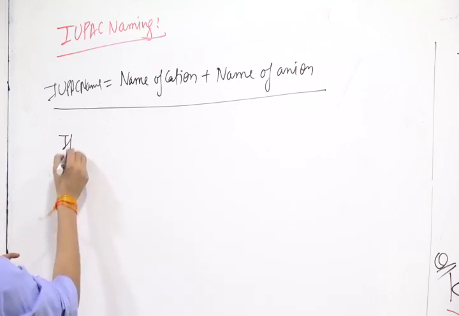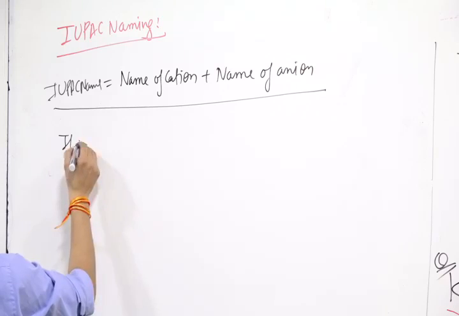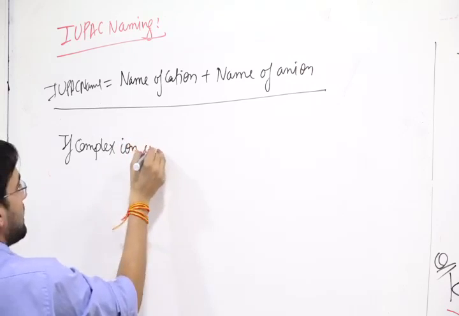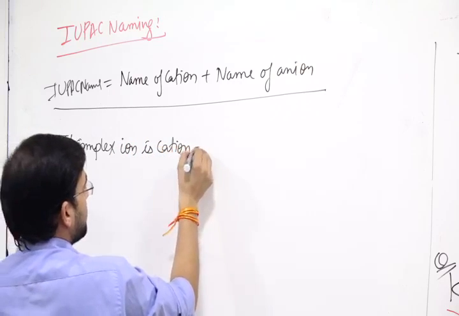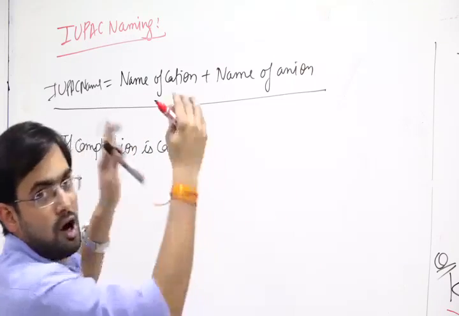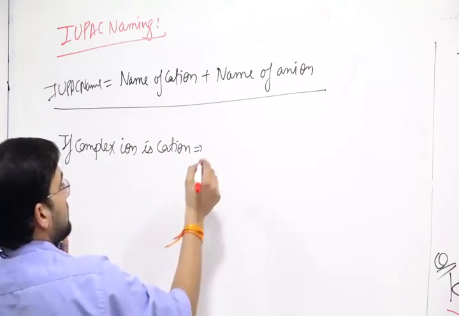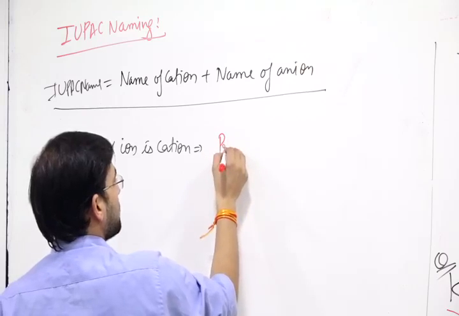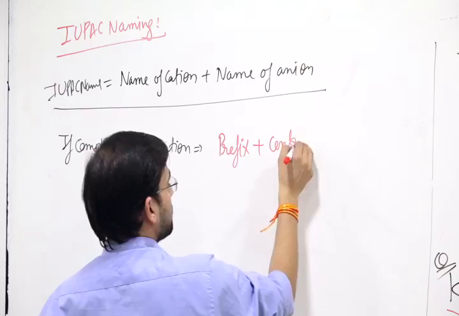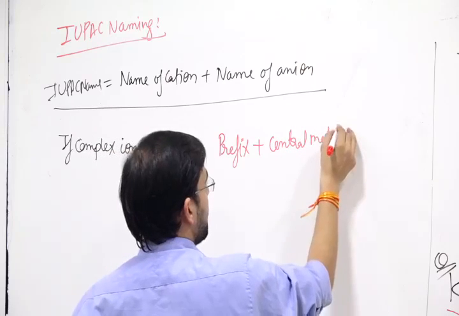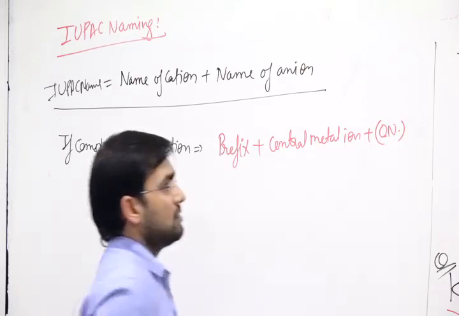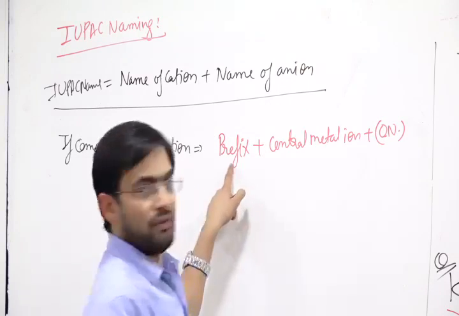Now, if the complex ion is a cation, meaning you have that coordination sphere, then how do you write the name? We write prefix plus central metal ion plus oxidation number in Roman numerals.